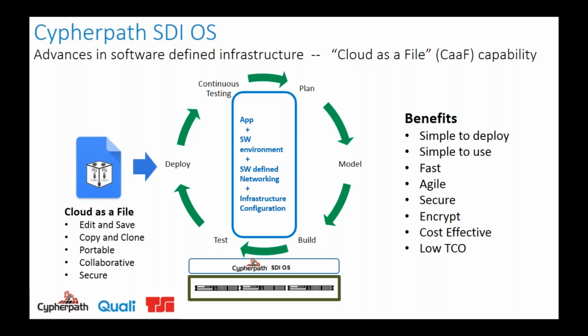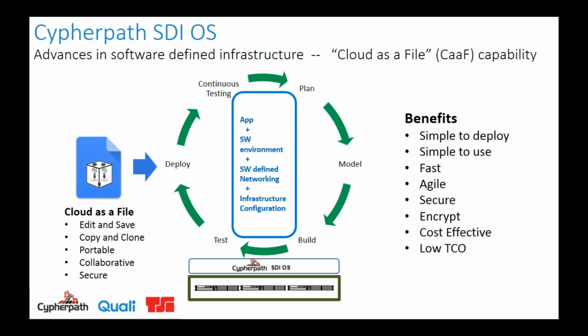Each CAF captures and stores for each workload environment the following: the full software-defined infrastructure configuration specifics, the full software-defined networking specifics, the software environment specifics, the application and its deployment specifics. Due to the detailed capture of this information, a CAF has all the information that is needed to quickly bring up in minutes the full workload environment when a CAF is loaded and activated with one click.